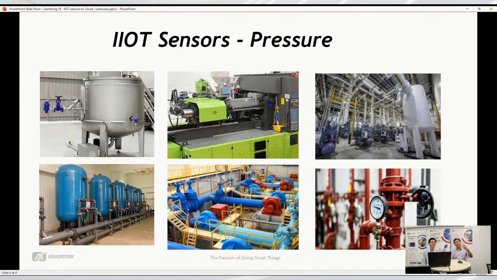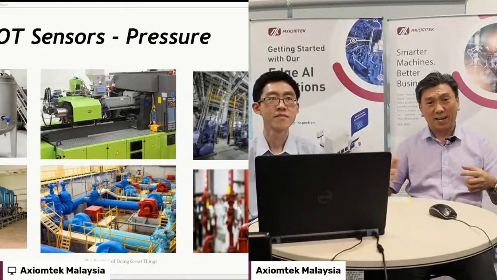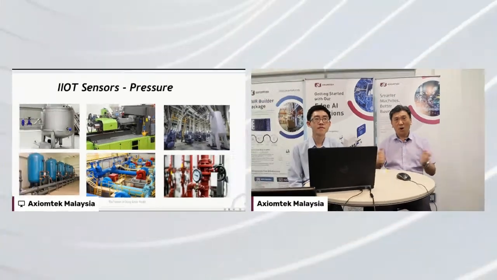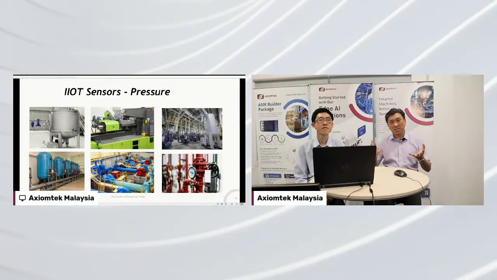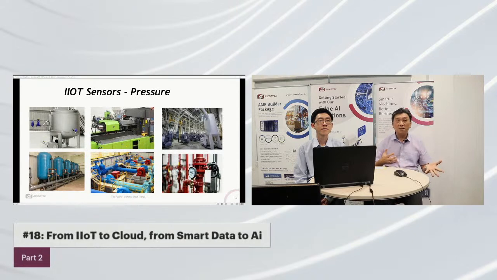Of course, many food and beverage industries have pipelines. You have all kinds of pressure sensors around, plus some pump house and water tank. Later I will explain how pressure can be used to measure the height or the level of the water or liquid in the tank.